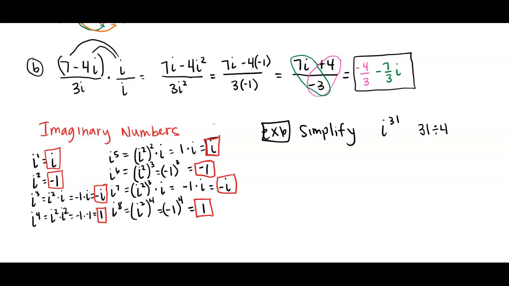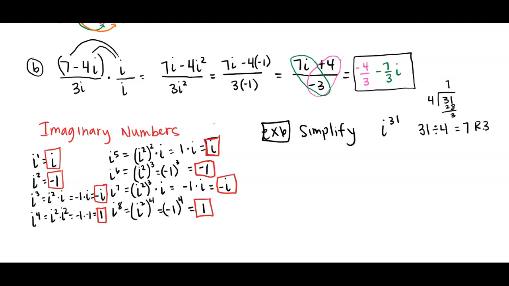So 31 divided by 4: we'll go in 7 times, with how many left over? 3 left over.